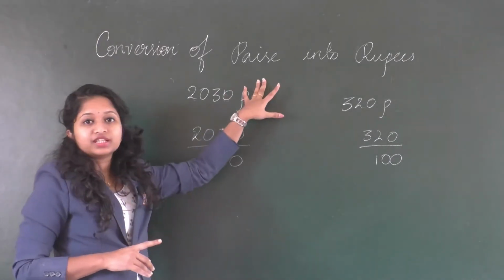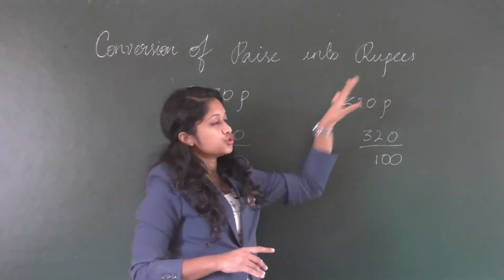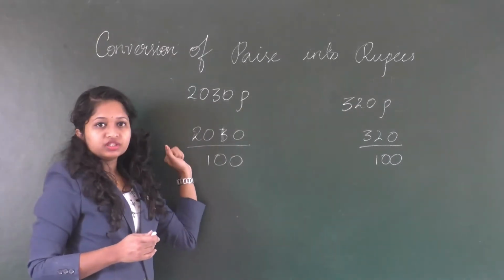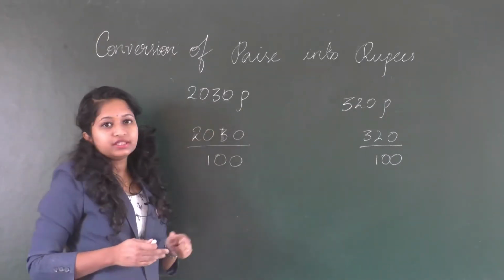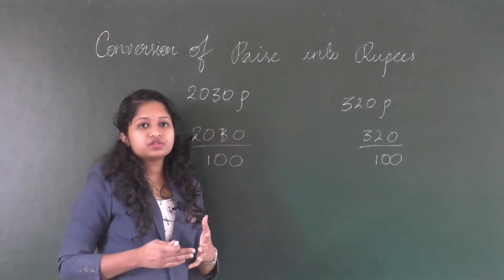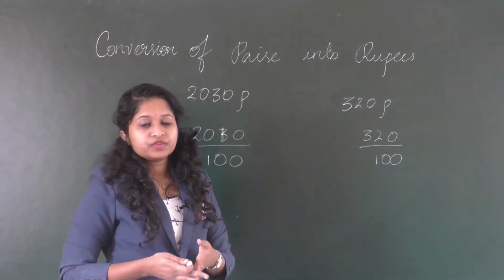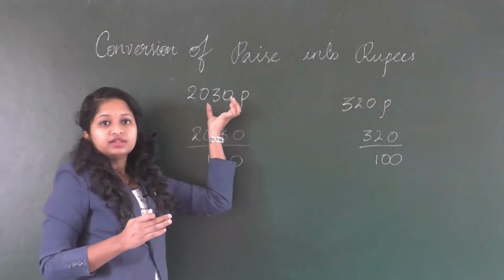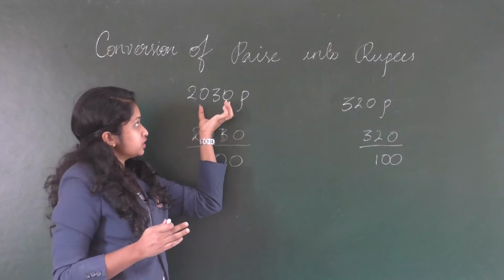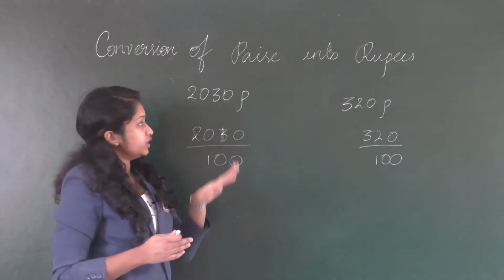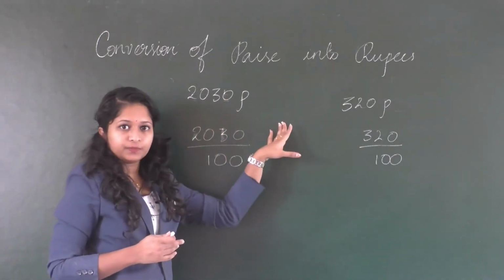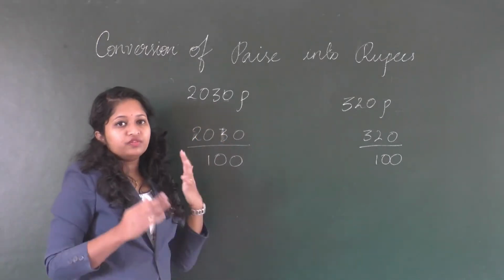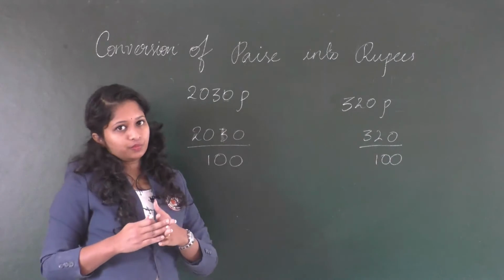Now let's see the conversion of paise into rupees. I have a question here: 2030 paise. We should convert this into rupees. So how to do that? We should divide the given amount by 100. So here we have 2030 paise. If we divide the given value by 100, we can easily convert this to rupees.